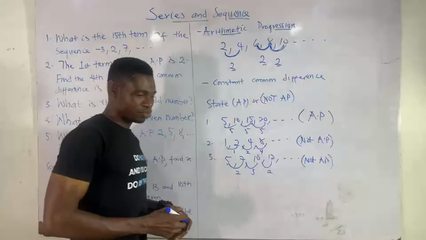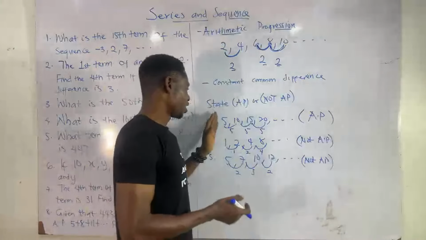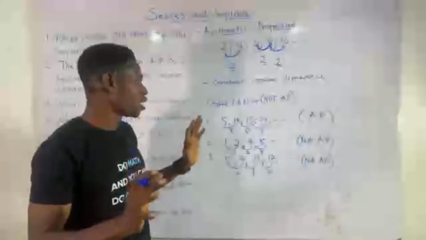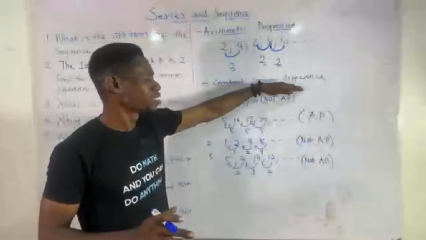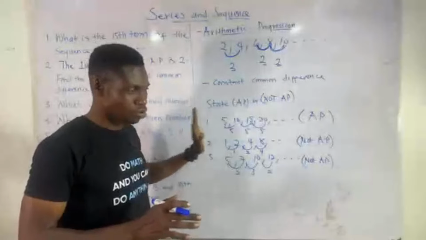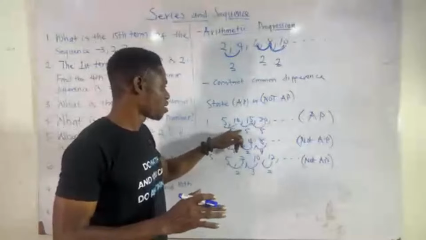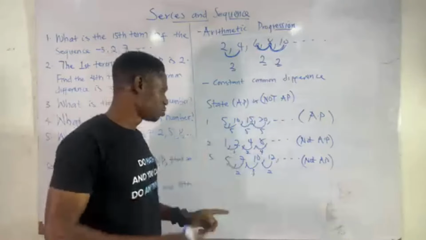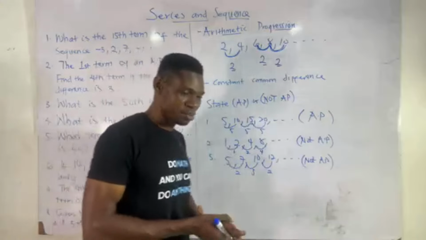So let's see. How many of you got all 3? So number 1 is an AP, 2 is not an AP, 3 is not an AP. Remember, for an AP, the difference is constant throughout. So here we have 5 as a constant difference.